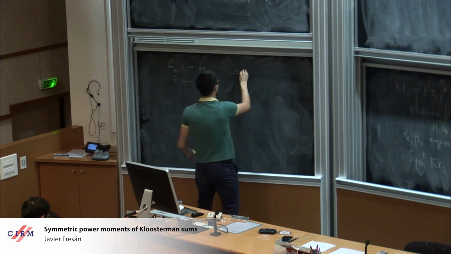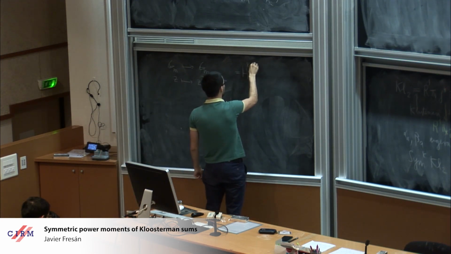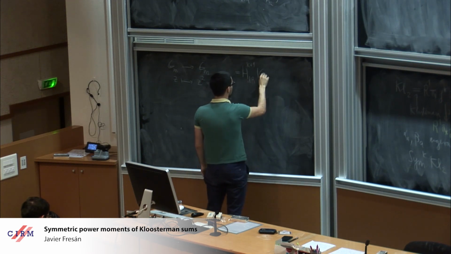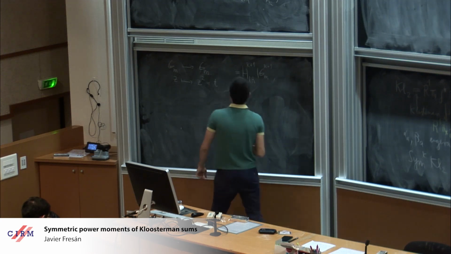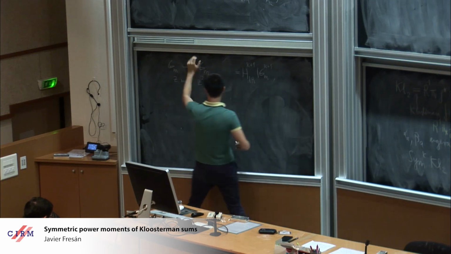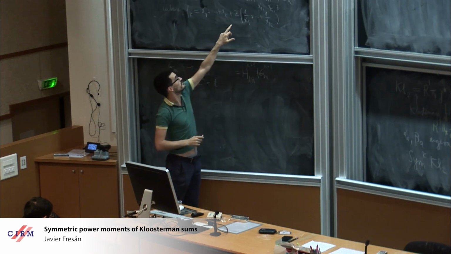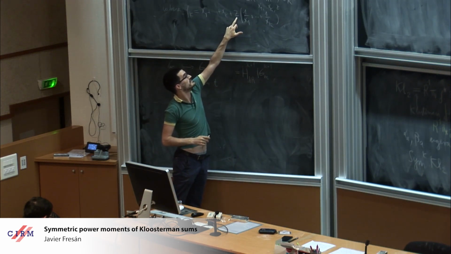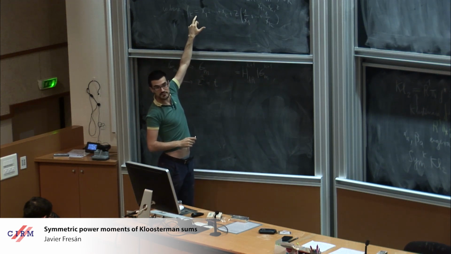So this is H^(k+1) de Rham of GM^(k+1) with the function. The reason why we do this is that when you change z to z squared, you can put it out as a factor.